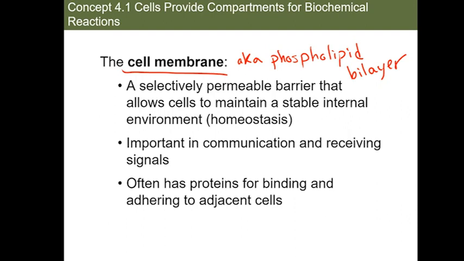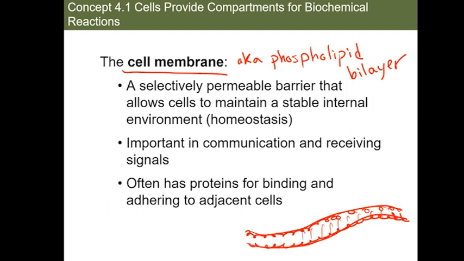It is important in communication and receiving signals. It often has proteins for binding and adhering adjacent cells. So it's basically just the bilayer of the phospholipids with the heads and the tails on the inside.